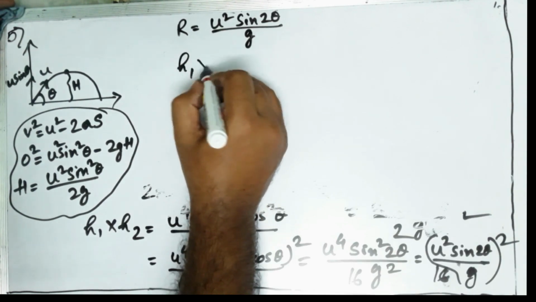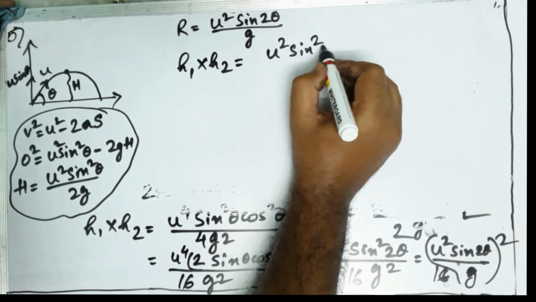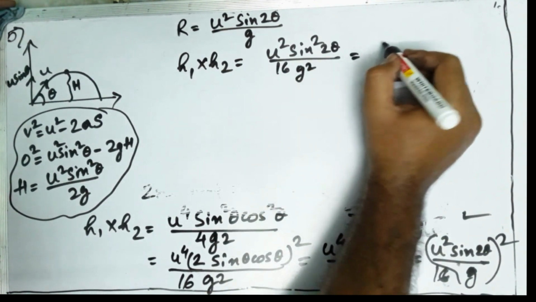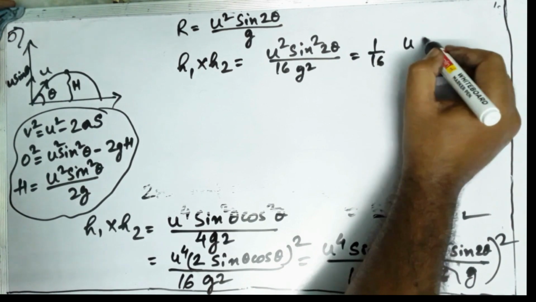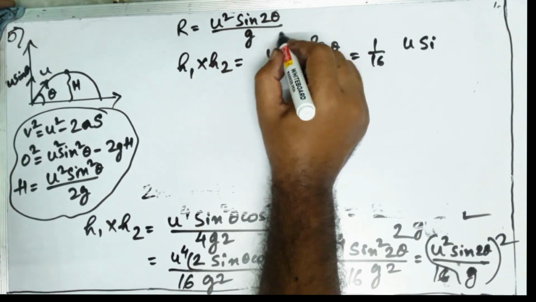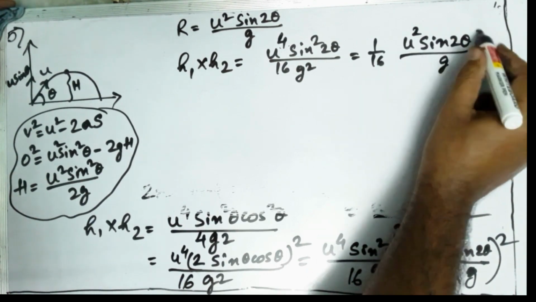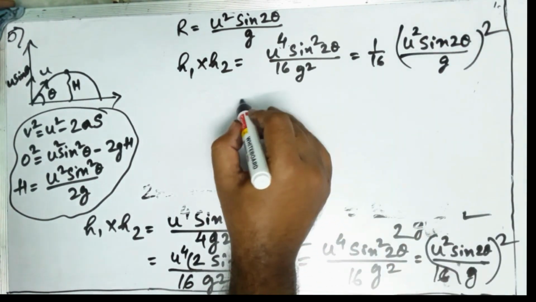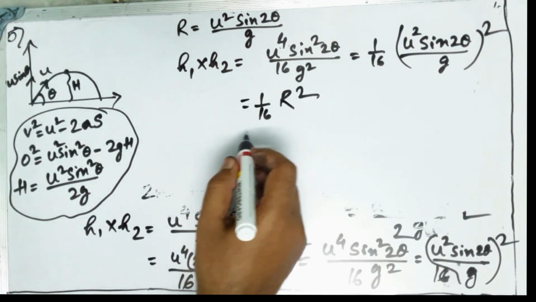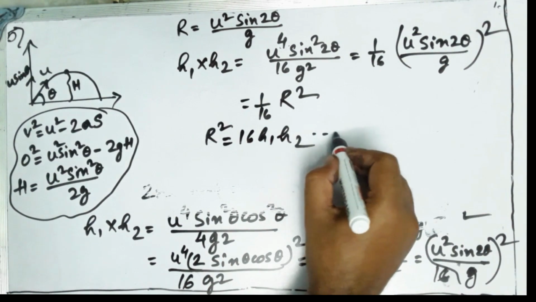So after multiplying h1 and h2, this gives us u to the power 4 sin square 2 theta by 16 g square, which we can write as 1 by 16 times u square sin 2 theta by g whole square. So this gives us R square. So R square will be 16 h1 h2. So the answer is B.